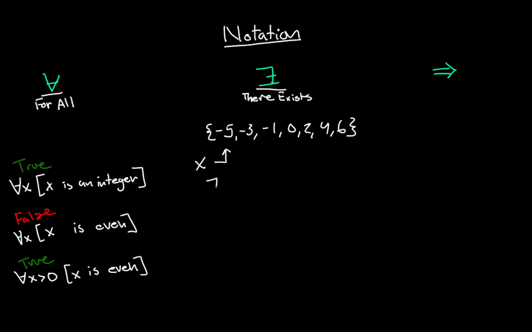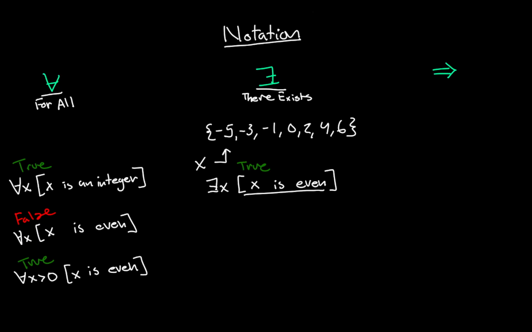So it's saying there exists a value of x where x is even. Only one value of x has to make this true for the entire thing to be true. And this is true because you can pick one value that's even, like 4. You only have to find one. It doesn't have to be true for all of them.